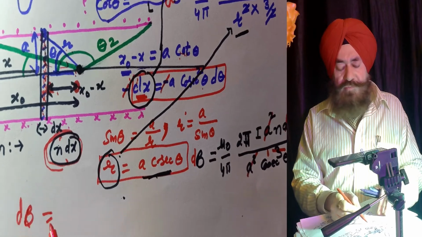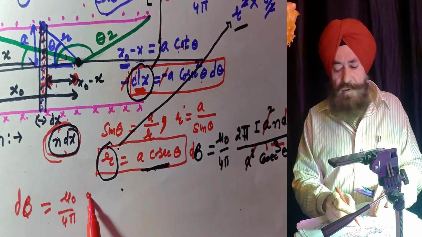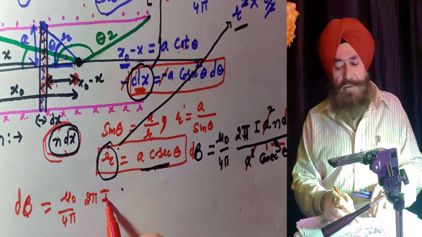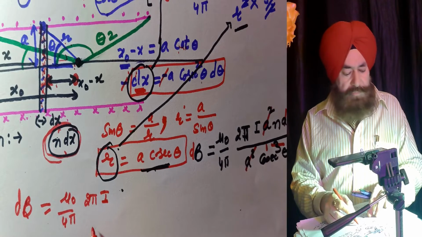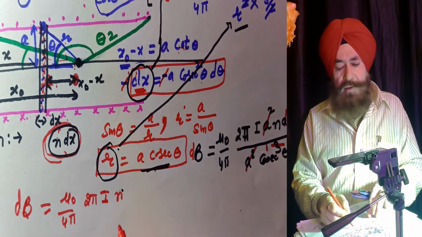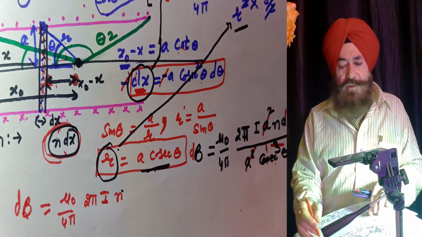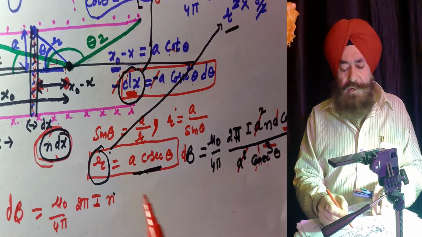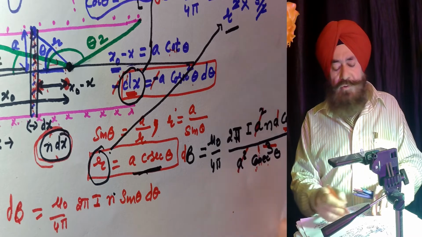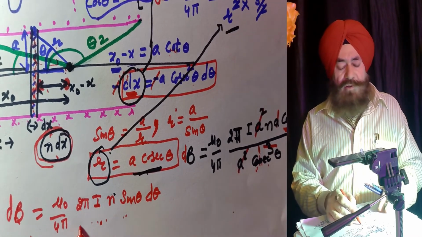So dB equals mu naught over 4 pi, 2 pi I, and N, then 1 over cosecant theta, because 1 over cosecant theta is sine theta, and d theta. So this is what we are left with from the expression, the small magnetic field.